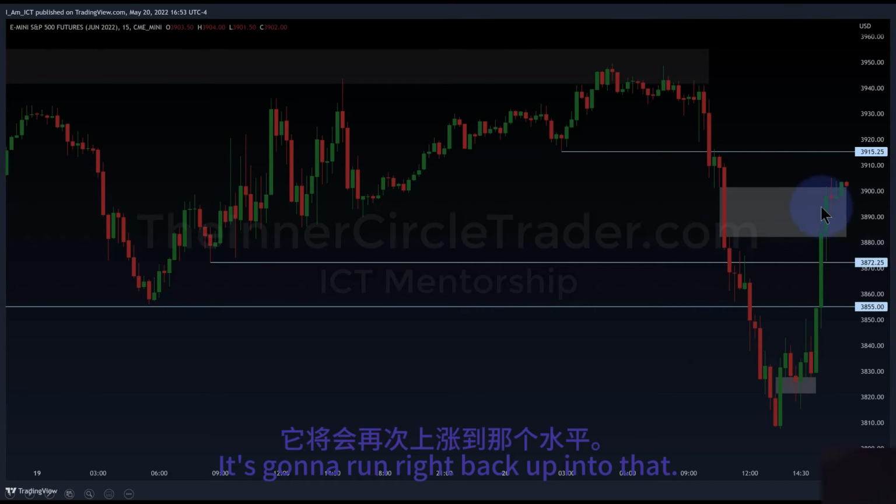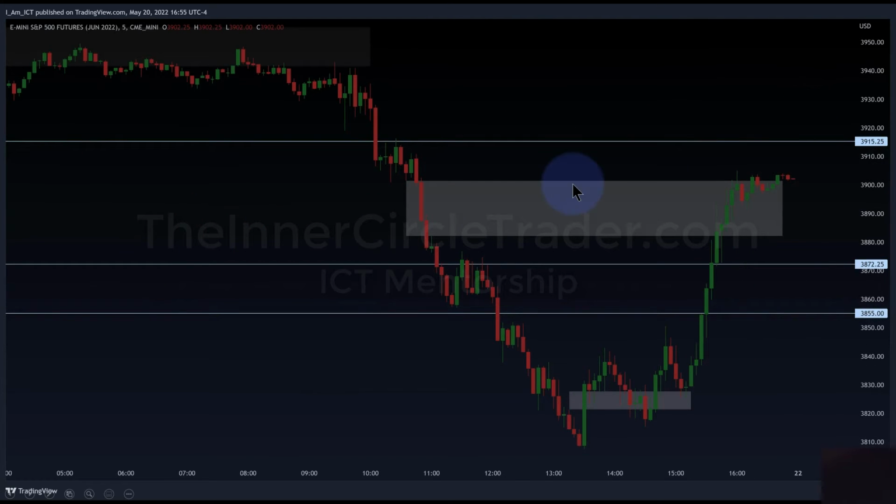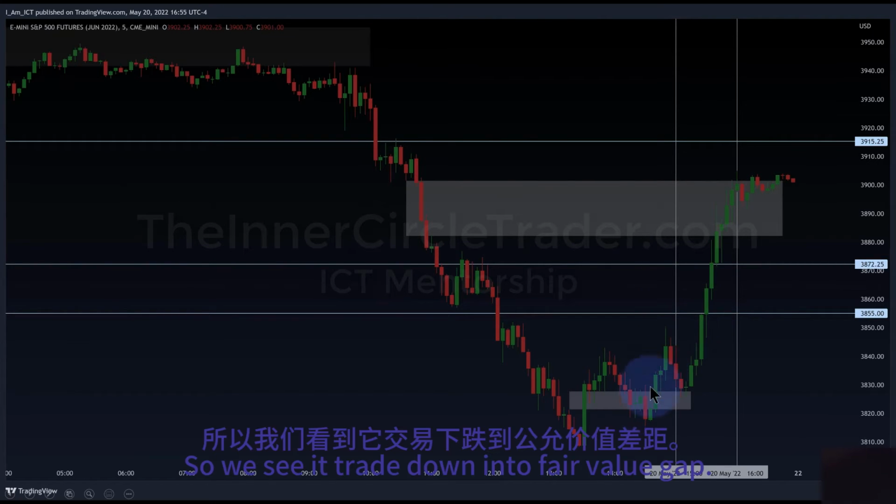It's going to run right back up into that. Here's that same hourly imbalance. Here is the fair value gap, trading into it there, and rallies up. And here's that last hour, 3 o'clock to 4. So we see it trade down into the fair value gap.